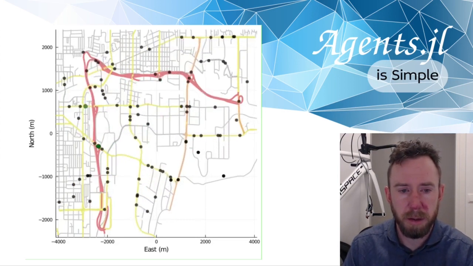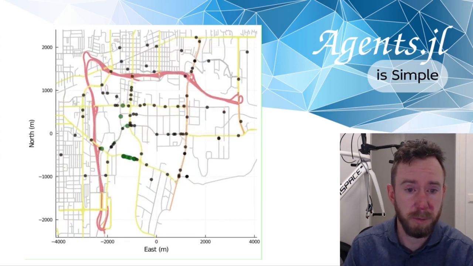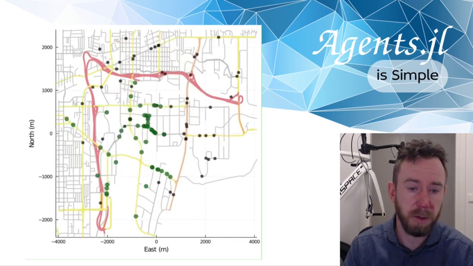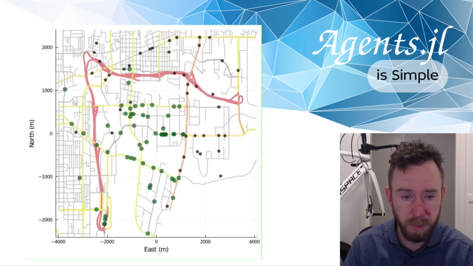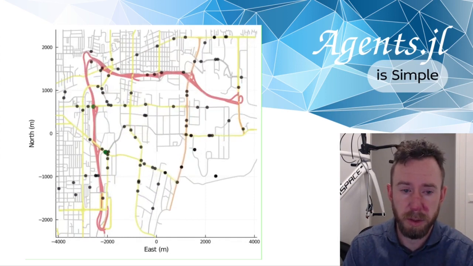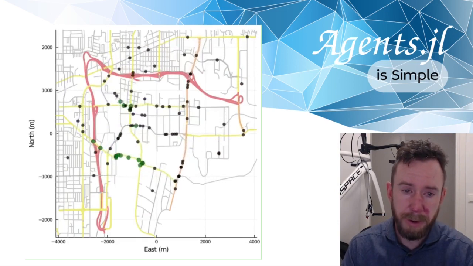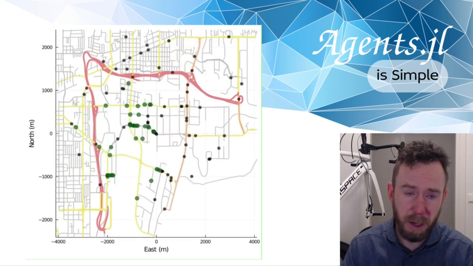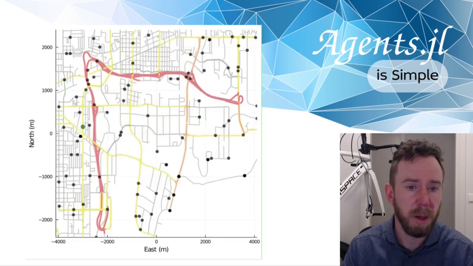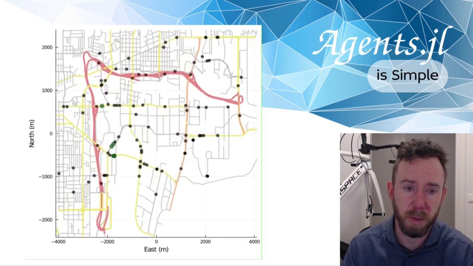Now, this example is relatively straightforward in terms of the conceptual process, and also in terms of how you output this information. But what this shows you is the direct simplicity of Agents.jl, and that's saying quite a lot when you compare this to other agent-based model frameworks that are currently available, at least the open source ones.